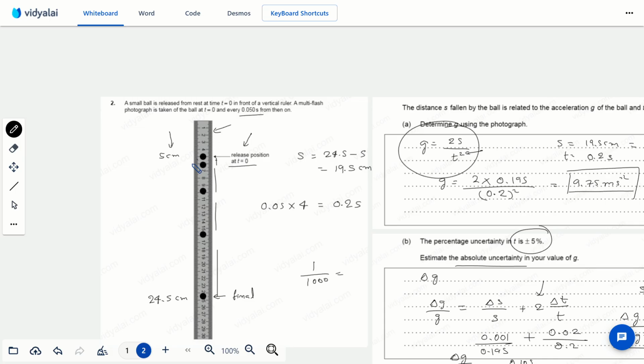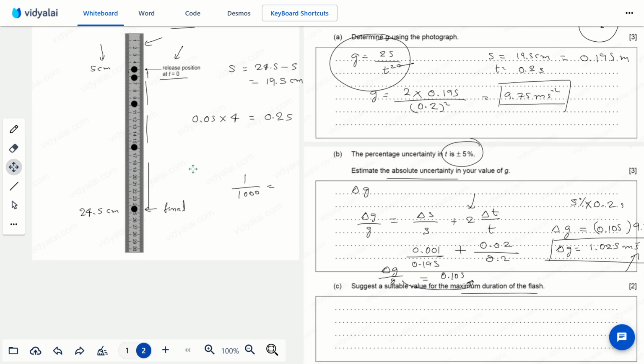So we might have thought that the camera captures an instant of the ball's journey, but it's not an instant, it's a duration. So this needs to be as low as possible so that we get an accurate measurement of its position.